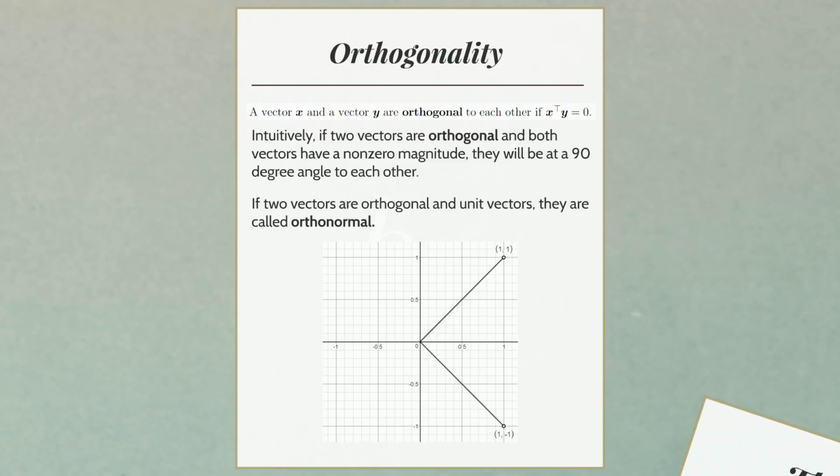This concept can also be extended to matrices. However, if we say we have an orthogonal matrix, we are going to have a square matrix whose rows are mutually orthonormal and whose columns are mutually orthonormal as well.